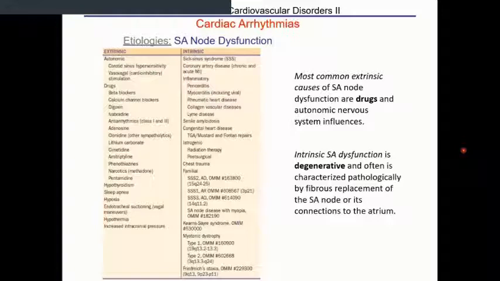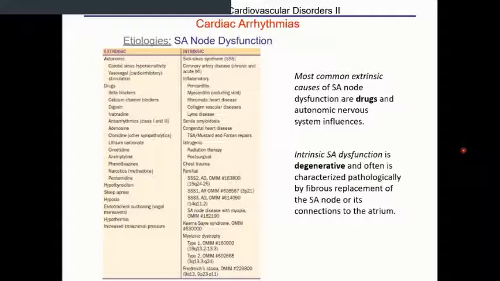It could be autonomic, it could be drugs, it could be due to hypothyroidism, sleep apnea, hypoxia, endotracheal suctioning, which are basically vagal maneuvers, or hypothermia, or you could also have increased intracranial pressure as an extrinsic cause of SA node dysfunction. Intrinsic causes will include sick sinus syndrome, coronary artery disease, inflammatory conditions, congenital heart disease, etc.